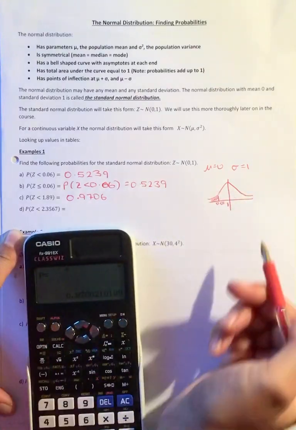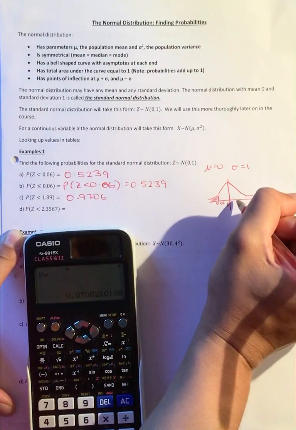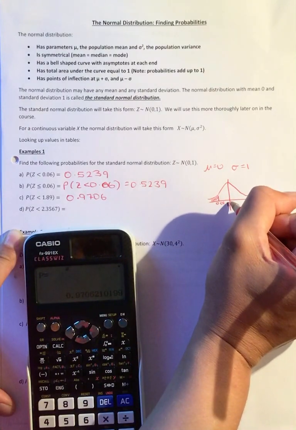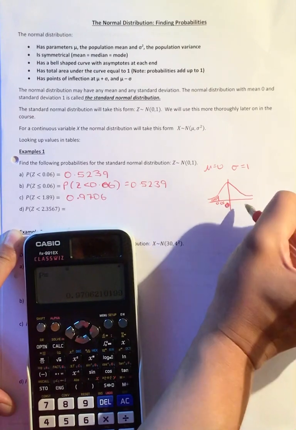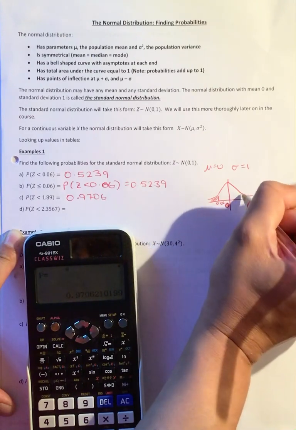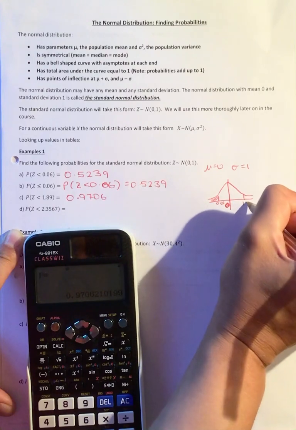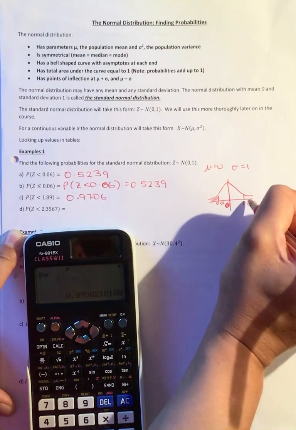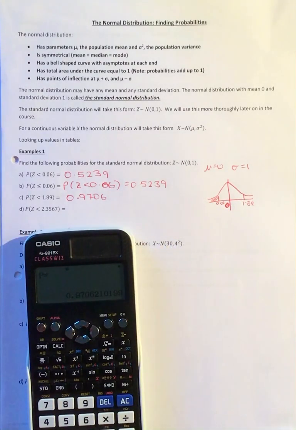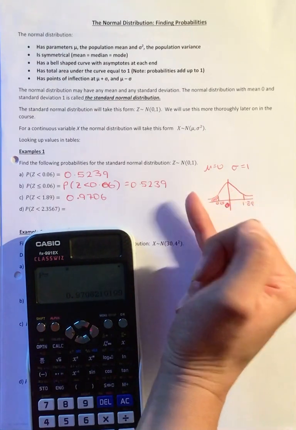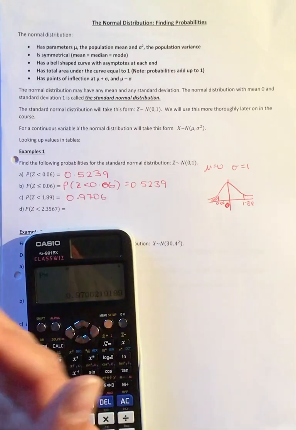And we would expect this time a big probability because, sorry, our mean is 0, isn't it? Because 1.89 is up here. It's nearly 2 standard deviations from the mean. So we're going to expect a large proportion of our curve to be to the left of that.